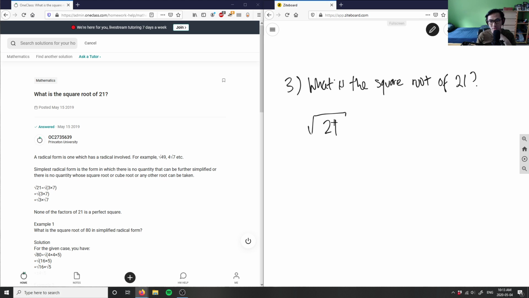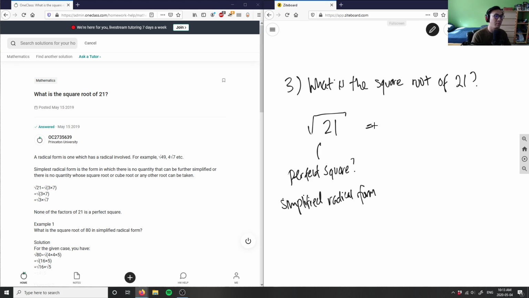What we could do is try to simplify it in terms of a perfect square, to see whether or not this is a perfect square, or convert it to what I call simplified radical form, to see if we can get an integer and also a radical to simplify this.